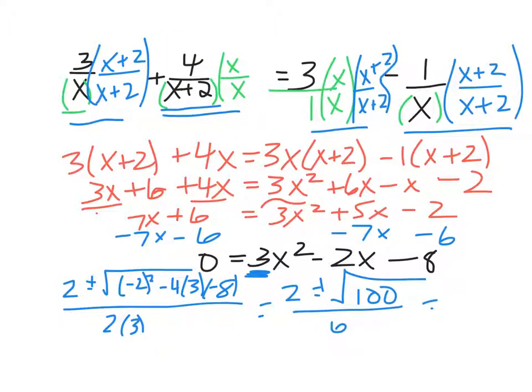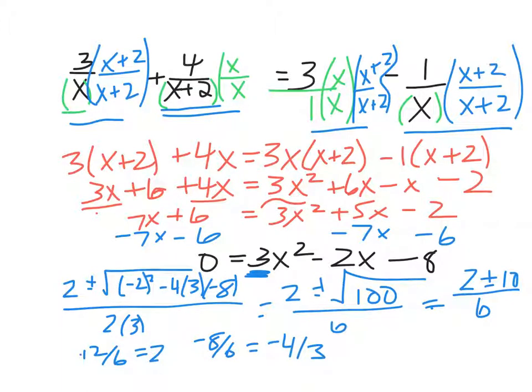So once again, these should always factor, which means you should always be getting a perfect square there. So 2 plus or minus 10 over 6. 2 plus 10 is 12 over 6, which is 2. 2 minus 10 is negative 8 over 6, which is negative 4/3.